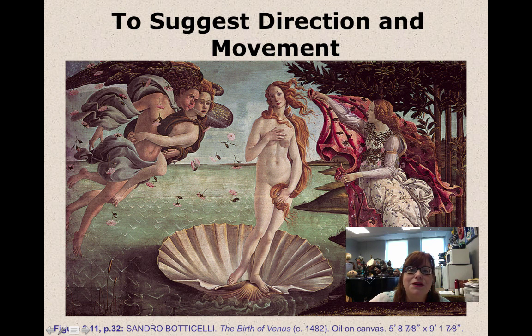Also in the movement of her hair, and also in the billows of the fabric that Pomona is about to throw upon Venus as well. All of those things suggest movement. You could even say the little waves down here also, because she's being moved to the shore there.